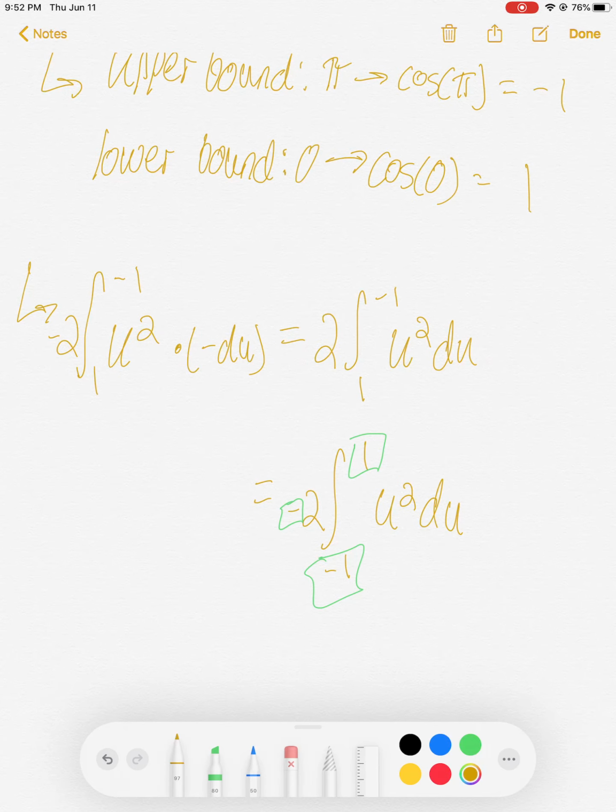Remember, definite integral just means that we have bounds. In this case, for example, we switched them to 1 and -1. Once we adjust our bounds by plugging them into our formula for u, we've already taken care of everything that we need to. So then we can go ahead and integrate and plug and chug.